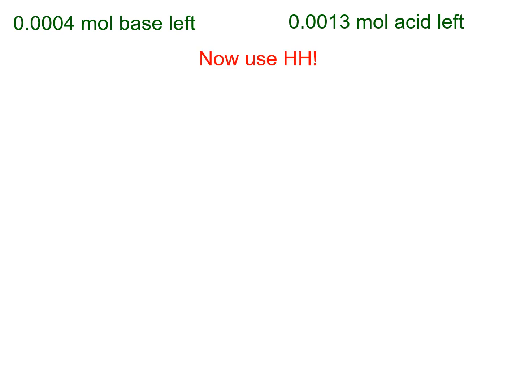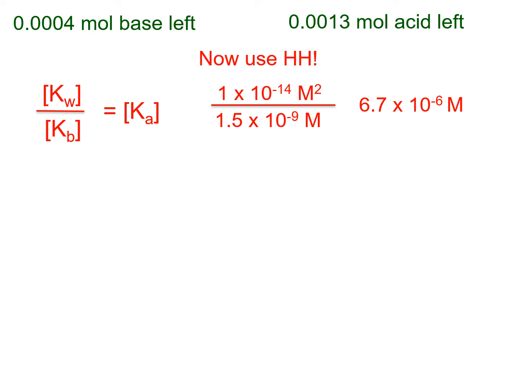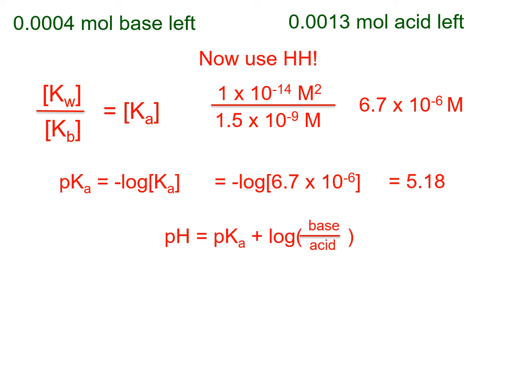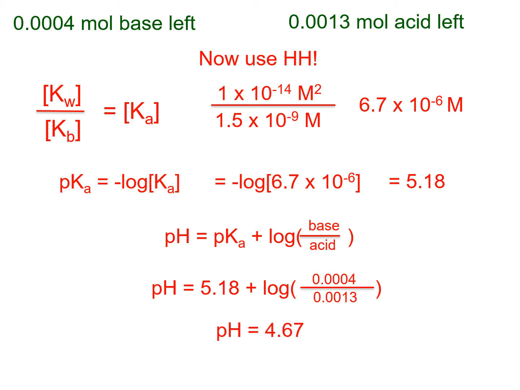I have my concentrations. Remember, this was a weak base question, so I'll need to convert that to my Ka if I want to use the Henderson-Hasselbalch form. Once I have the Ka, I can get a pKa and insert my moles of base, my moles of acid, and I should get a pH of around 4.67.